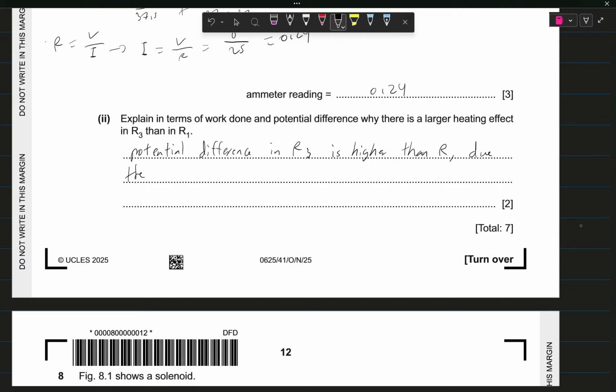Because the resistor is parallel to the power supply, of course. Okay, parallel to the power supply. So more work done. Work done. And greater heating effect. So greater heating effect.